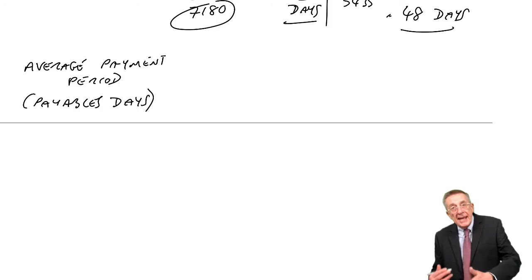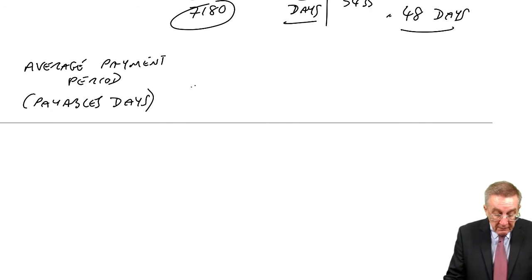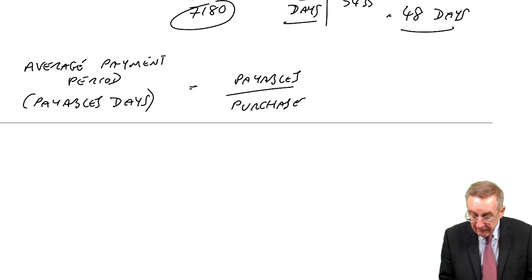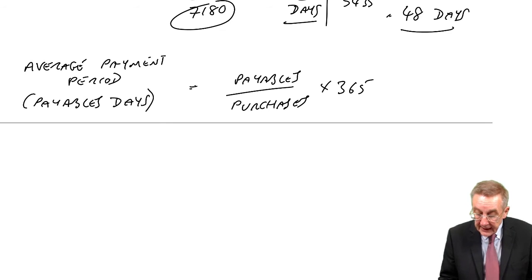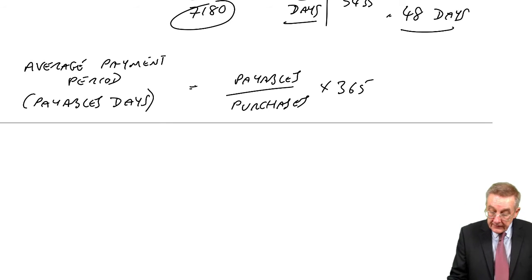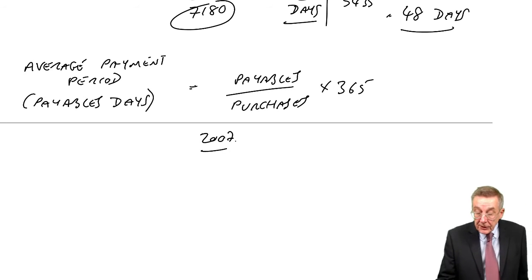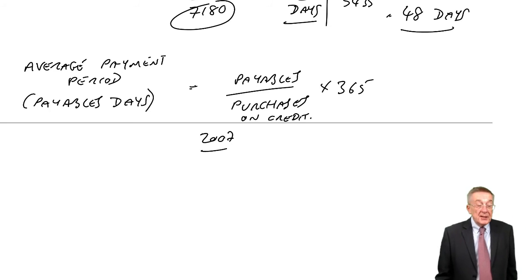How long are we delaying payment for? And so it's the payables divided by the purchases, again times 365. Now here again, you're going to have to use the information available because strictly it should be the purchases on credit. But you're very unlikely to be told.